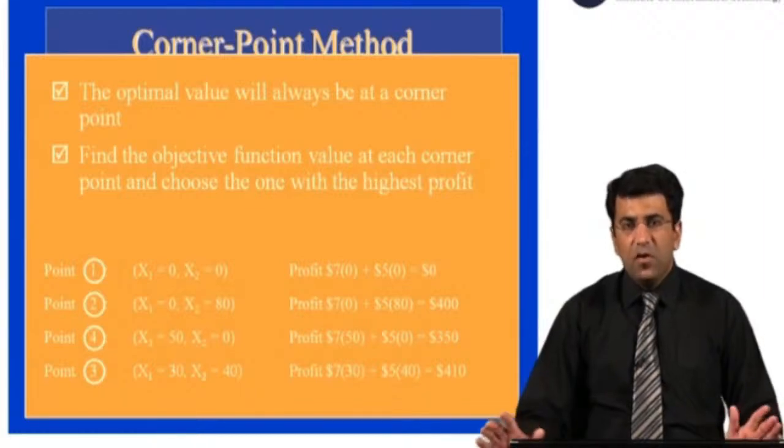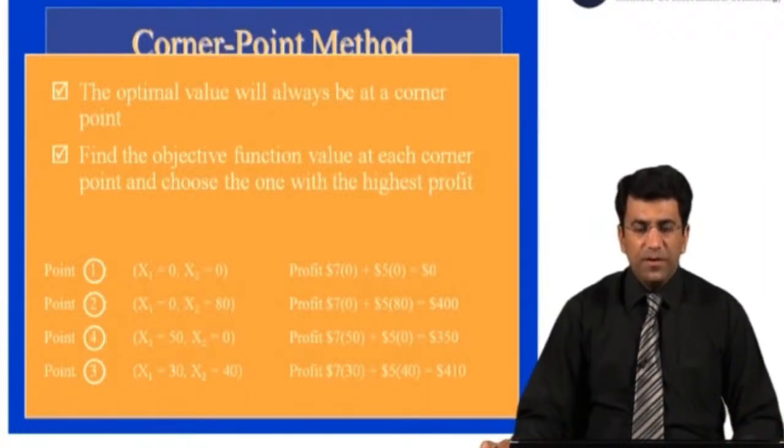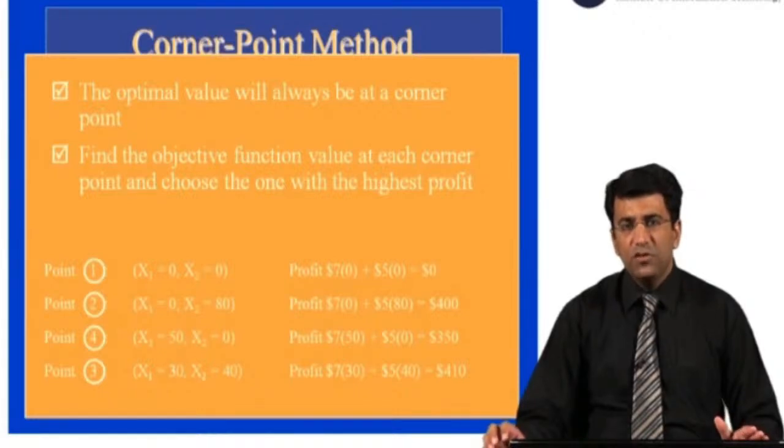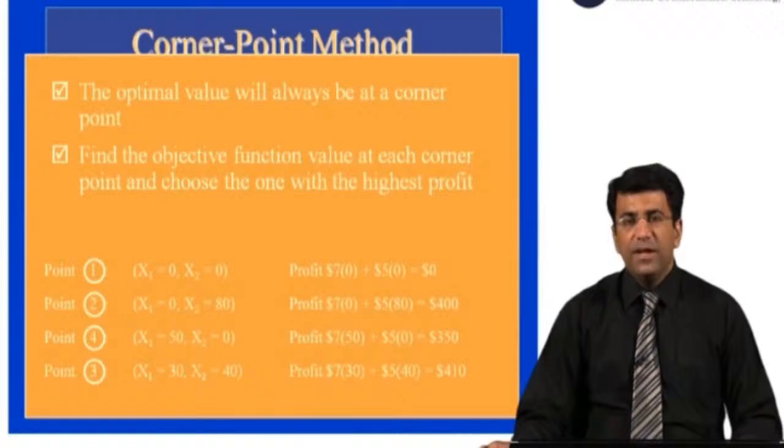So this is all about the linear programming method. And let me repeat what the different steps are. We define the objective function, we define the constraints, we convert those into equations or inequalities, we draw those inequalities on the graph, then we identify the feasible region.